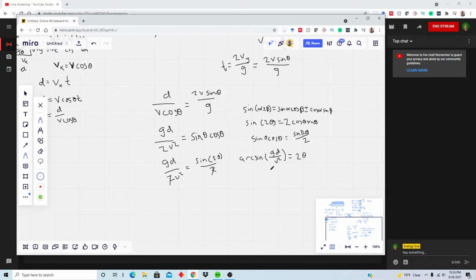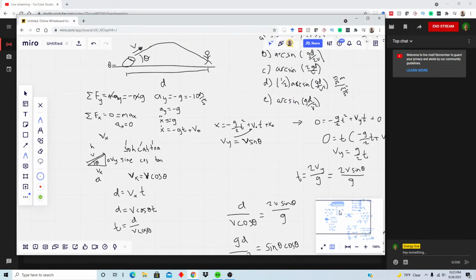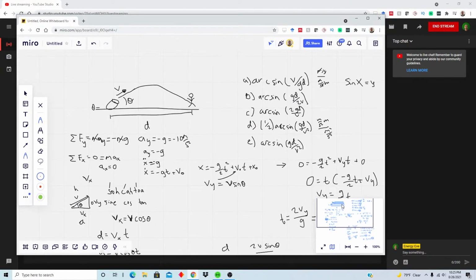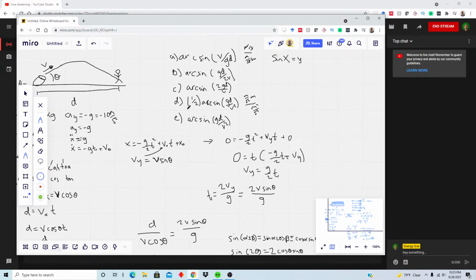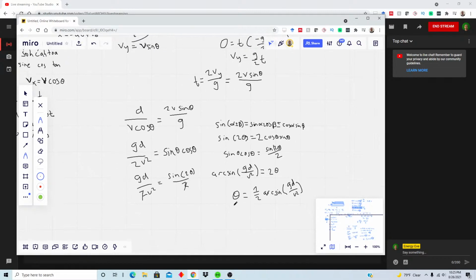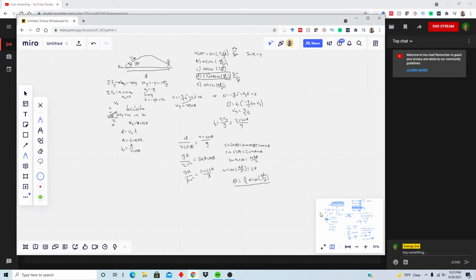And then you divide both sides by 2, and you get theta is equal to 1/2 arc sine of gd over V squared. Let's check our work real quick. And boom! We have one of these responses, D. That's what we got right here. Good work.